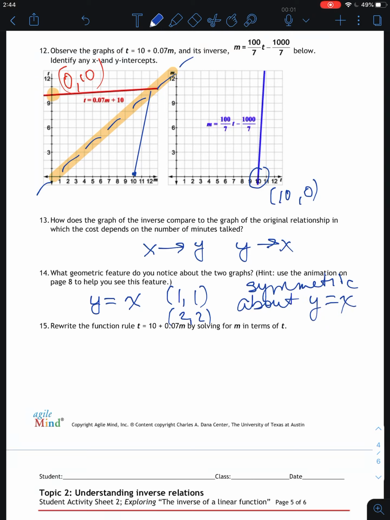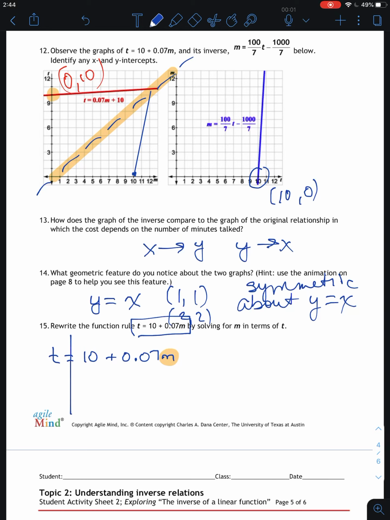And then number 15, we got to in fourth period, but we did not get to number 15 in first period. Number 15 says, rewrite the function rule here by solving for m in terms of t. So we're given t equals 10 plus 0.07m, and we're asked to solve for m this time.